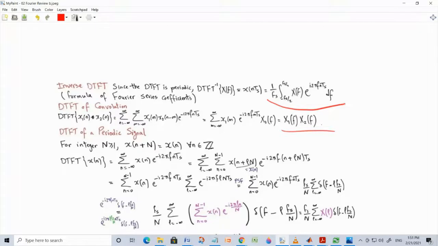Another very important subject where convolution appears, other than linear time invariant systems, is probability.